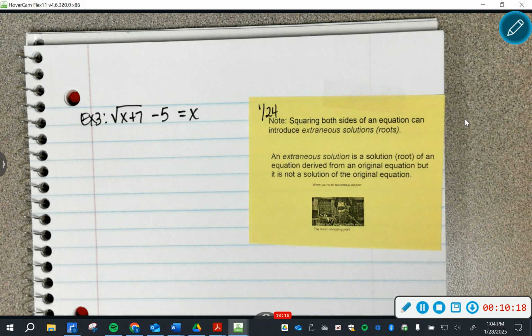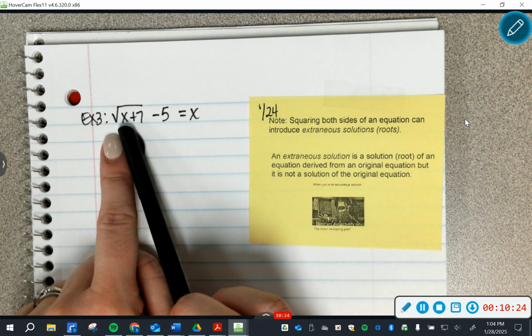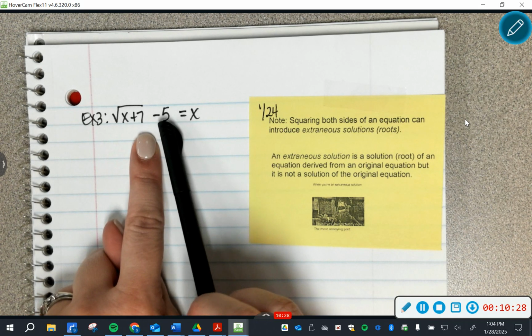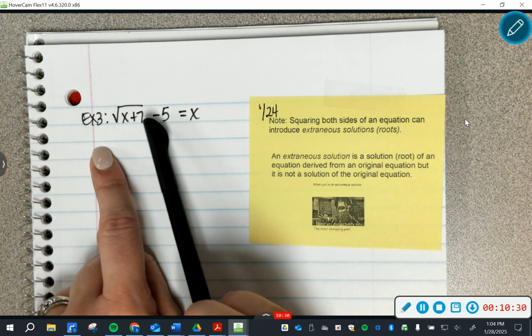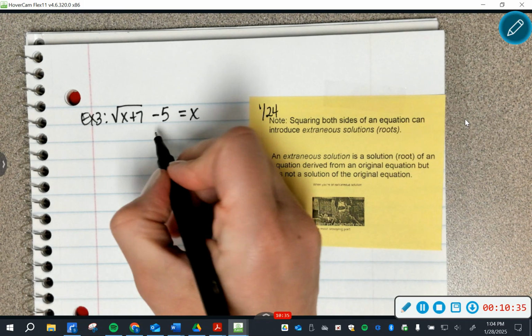All right. Okay, so we have one square root in the problem, but it is not isolated, right? There's this minus 5, and we don't want that on the same side because we want this isolated. So first thing we're going to do is add 5.